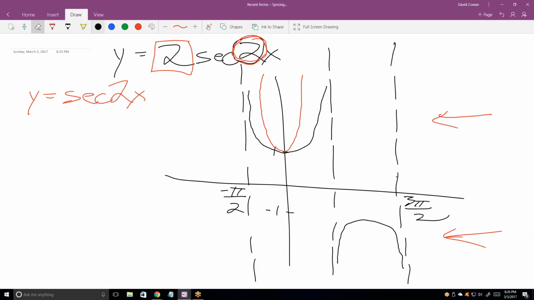In other words, start from the y-axis in terms of your shrink. Well, if this red is correct, then the next red has to go like that. In other words, my new asymptotes for secant of 2x do this. You following me? Okay.